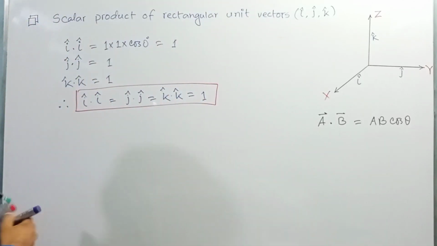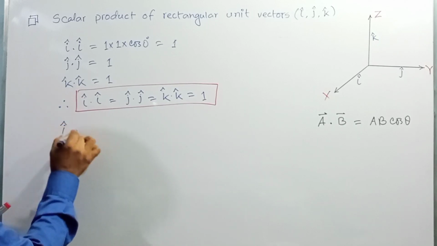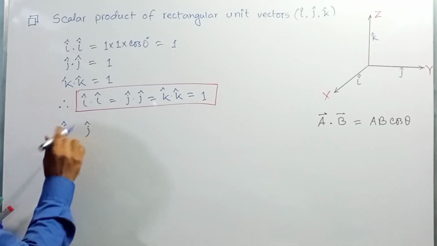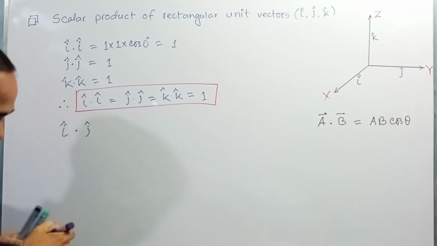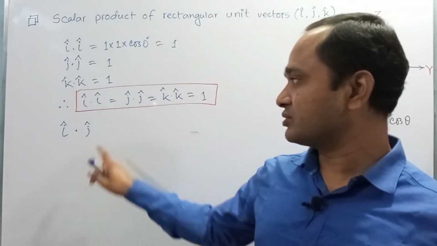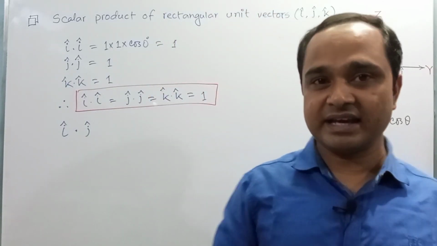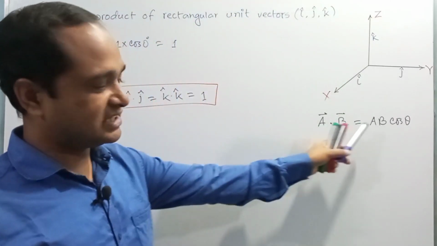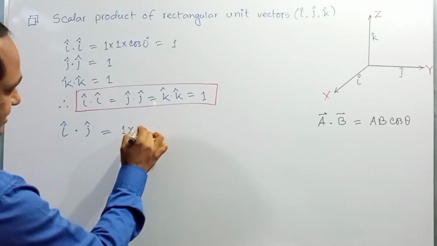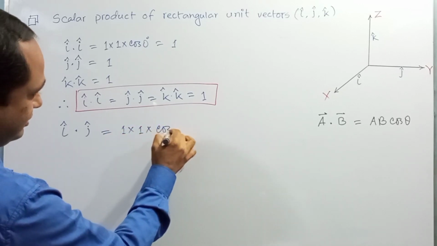Now we can see i dot j. Now we are going to the dot product of two different unit vectors, here i and j. According to this expression, the value will be 1 multiplied by 1 multiplied by cos.